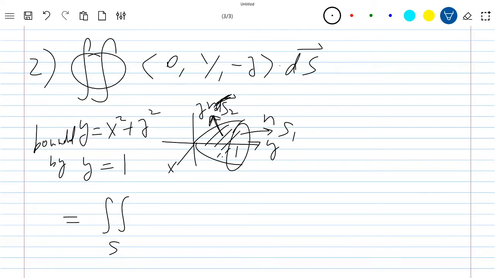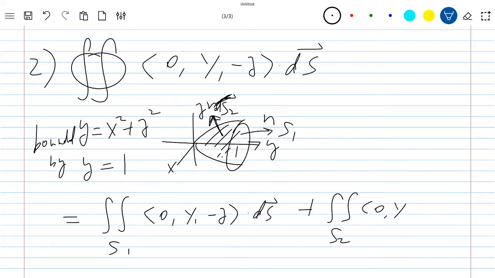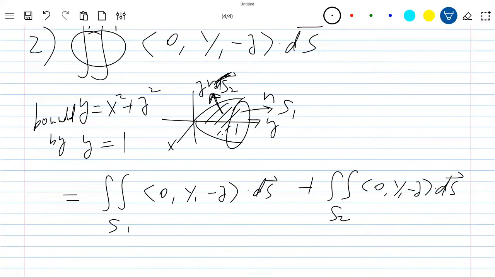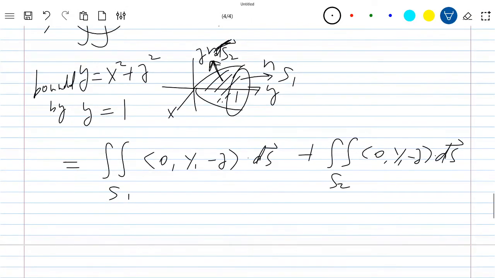You have S1 and S2. Okay, what is dS for S1? For S1, this n is just j, right? It's in the y direction.